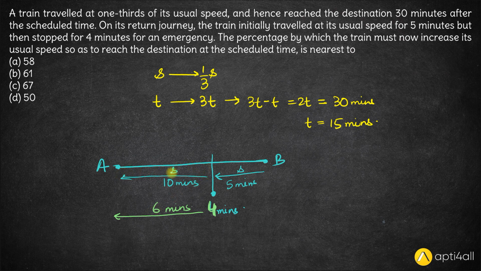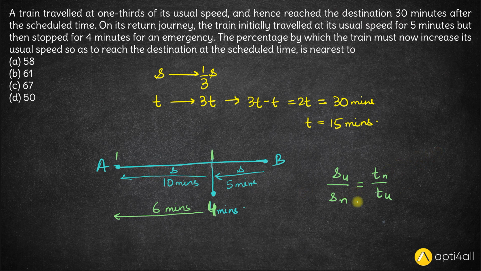So now since distance is constant, the person is going from here to here. Since distance is constant, speed and time will be inversely proportional. So speed usual upon speed new will be time new upon time usual.